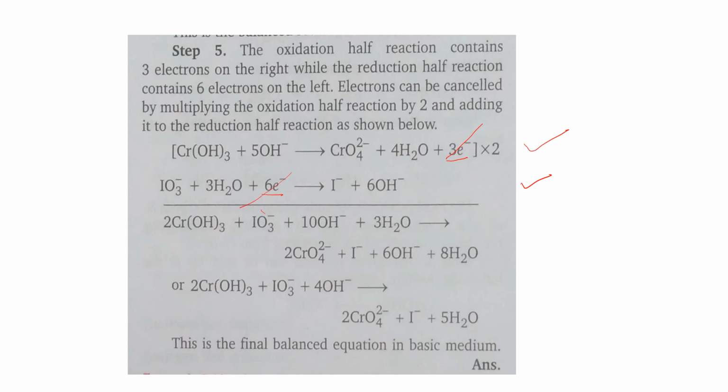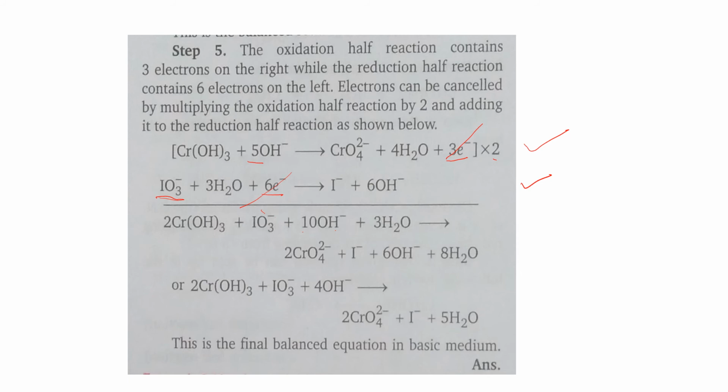So I am getting 2CrOH whole 3 plus, I am writing first, IO3 minus. Then this is 5 2s are 10 OH minus plus 3H2O in the left hand side. And in the right hand side I am getting CrO4 2 minus, and 2 has to be multiplied.